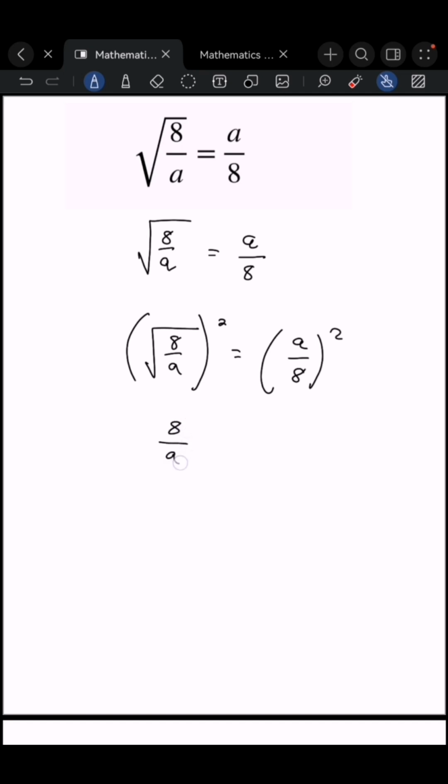Therefore 8 over a is equal to a squared over 8 squared, which gives 8 cubed is equal to a cubed. Therefore, a is equal to 8.